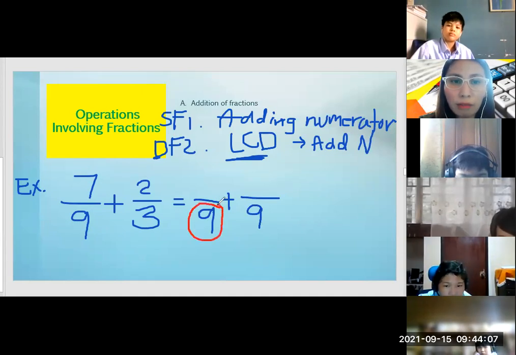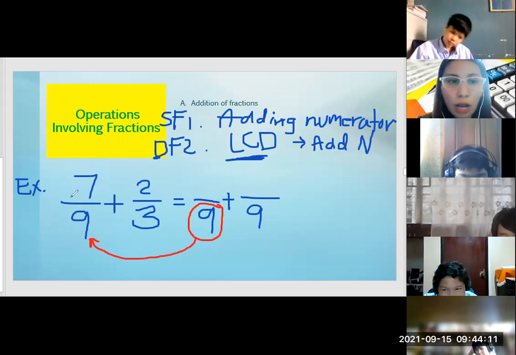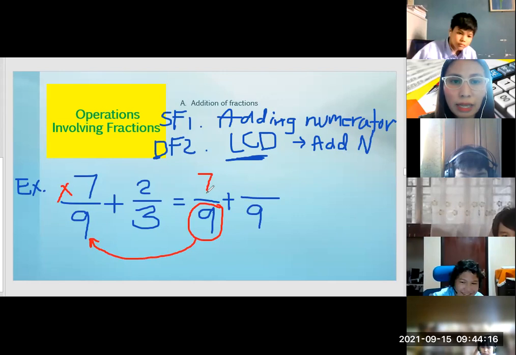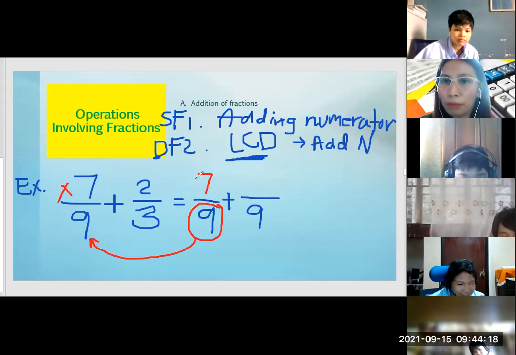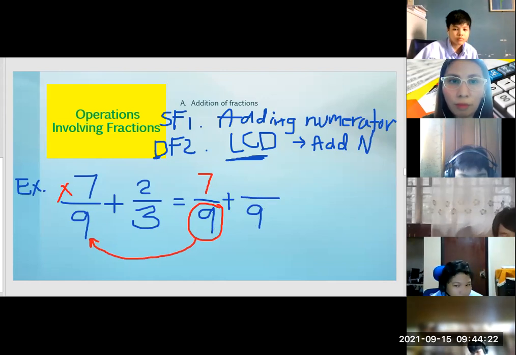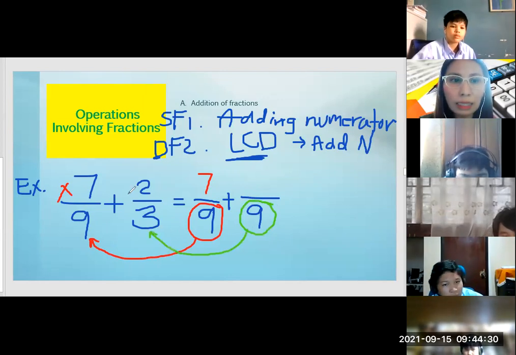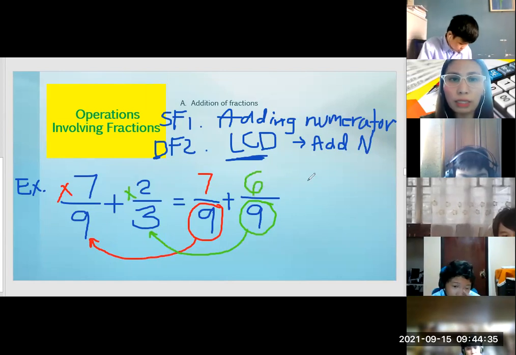Now let's divide: 9 divided by 9 is 1, times 7 is 7. 9 divided by 3 is 3, times 2 is 6.